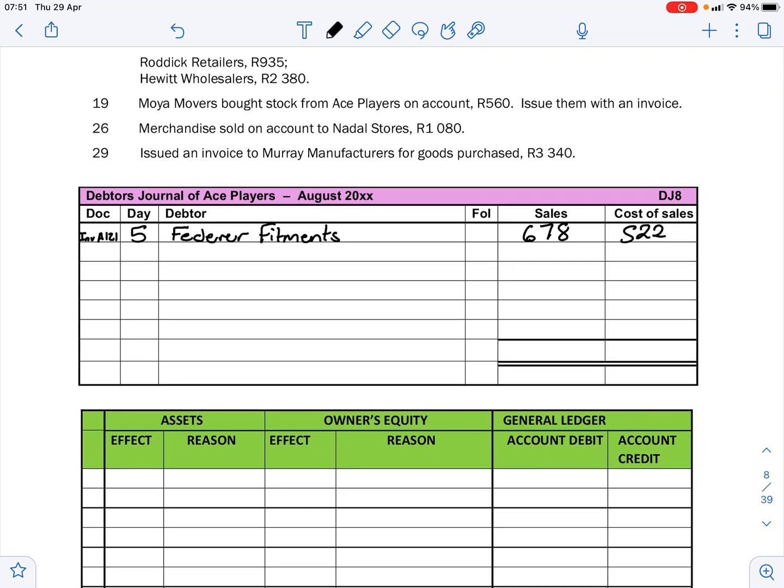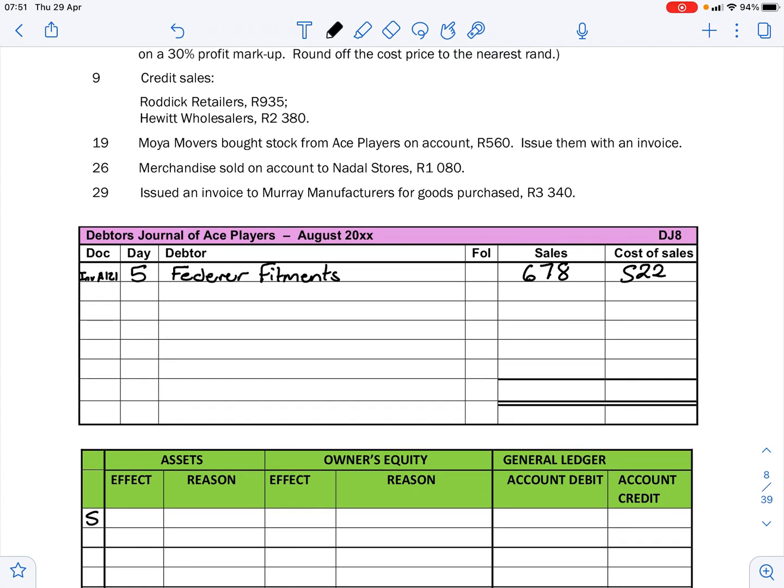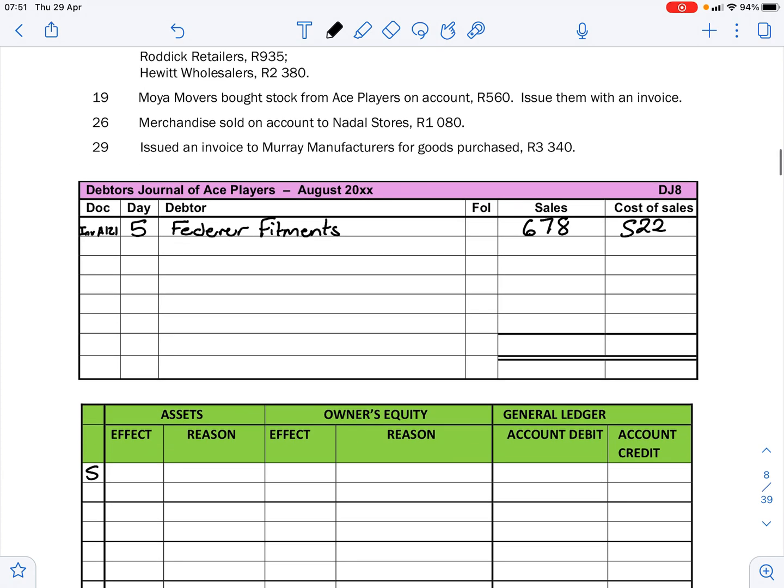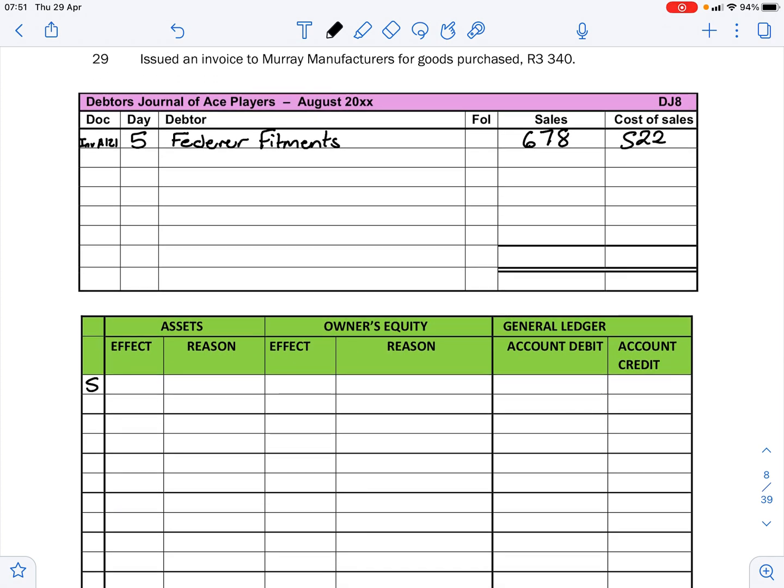If we put this sales transaction into our accounting equation, we start off with our date, which is the 5th. And I like to do this backwards. So firstly, the 4 accounts involved, we have step 1 and step 2.